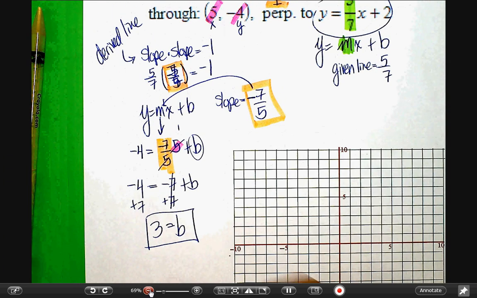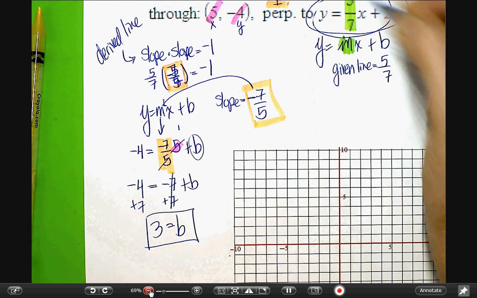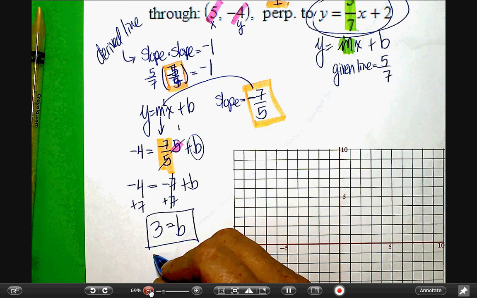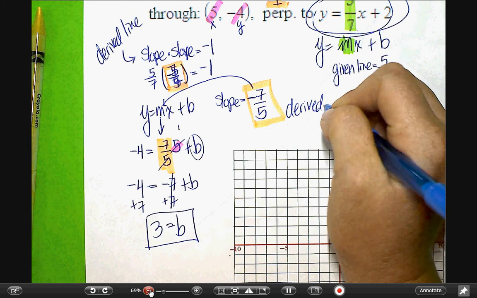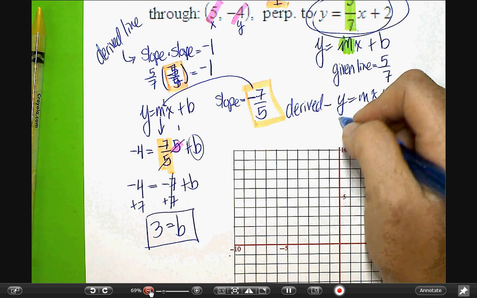Now we have our two equations here. We have our given equation, y equals 5/7x plus 2. And now we have sufficient information for our derived, which is y equals mx plus b.